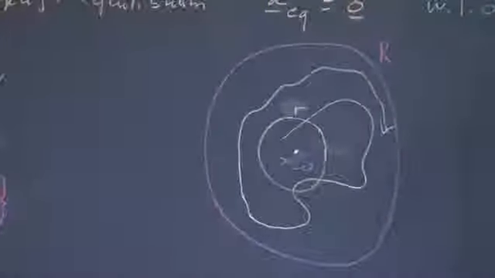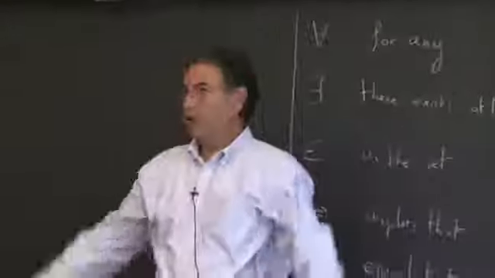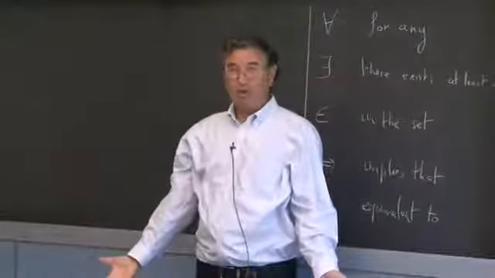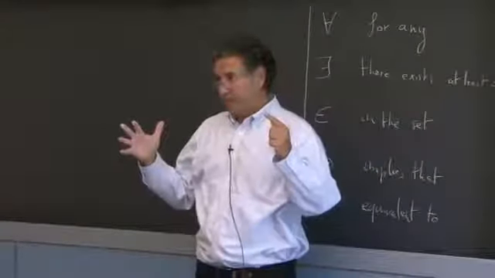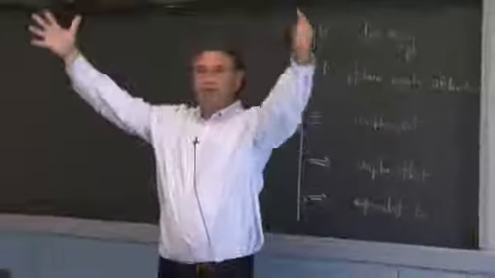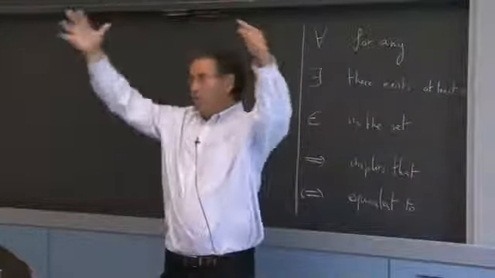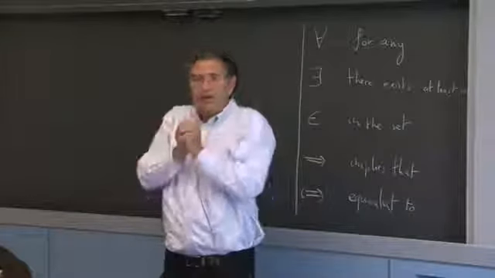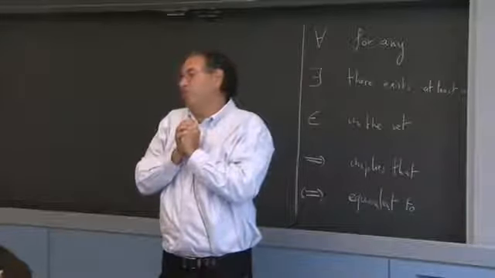All right, so I have my equilibrium of interest. I take a ball around it any way I want, and in particular as small as I want. I can always guarantee that I stay in this ball of radius big R by starting close enough to the equilibrium point.